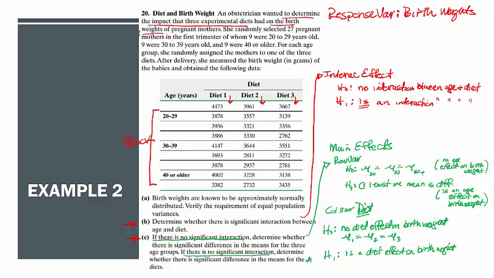Again, just writing it 2 different ways, that would then imply that at least one mean is different, and here specifically across the diets.